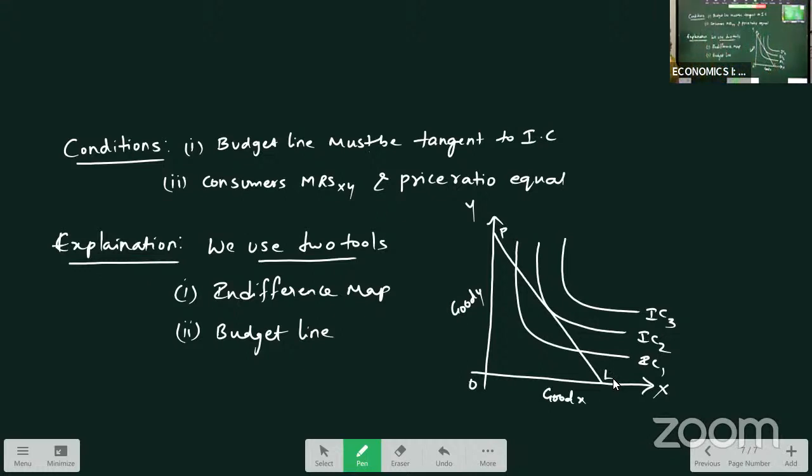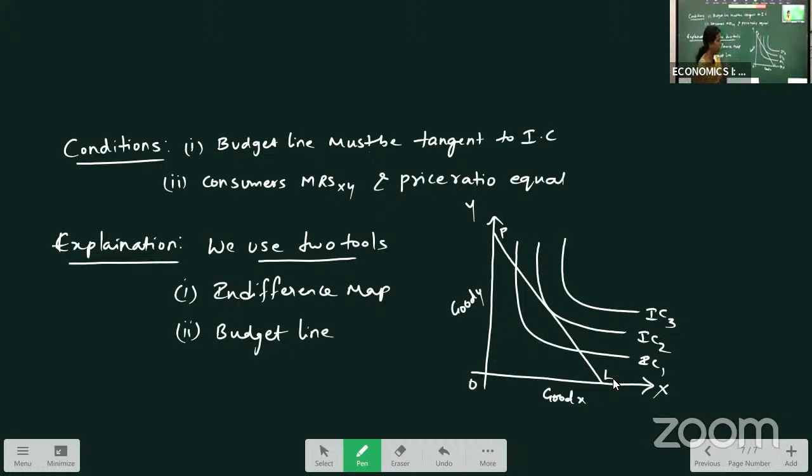Now you have understood the graph here. First, I'm drawing the indifference map, which is a set of indifference curves. Then I'm drawing the budget line. Like just now we have discussed, it shows the combination of two goods based on price of the good and income of the consumer. Now, we have drawn the two tools. What are the conditions of equilibrium? Budget line must be tangent.